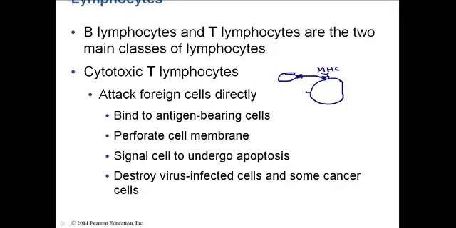This one would have something like that, so that would fit right into that, right? Because the shapes match and the charges match. If you have a plus and a minus, that's a nice fit. So that means it's recognizing this MHC marker, and this MHC marker is specific for each person. This is a Jackie MHC marker.